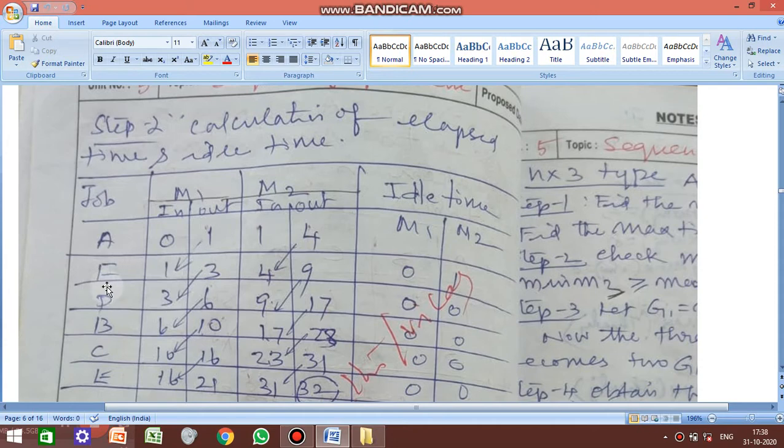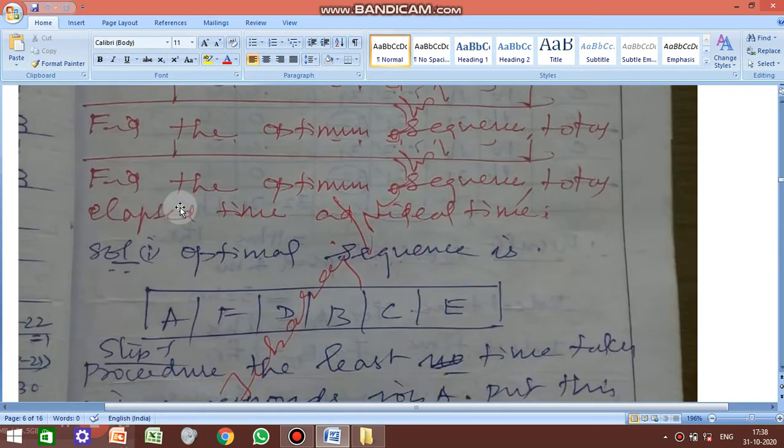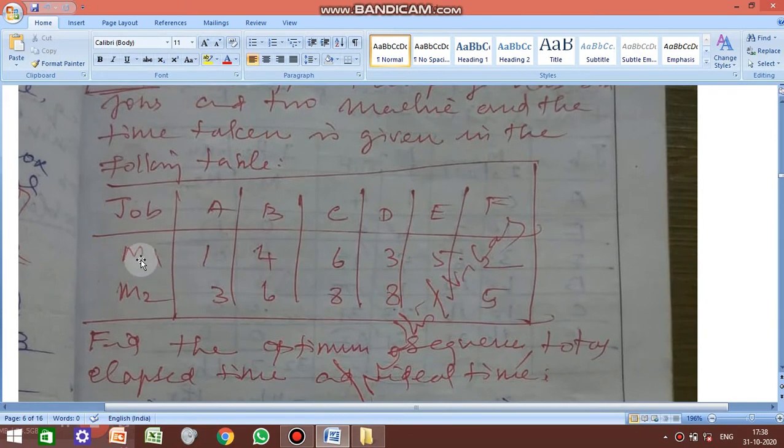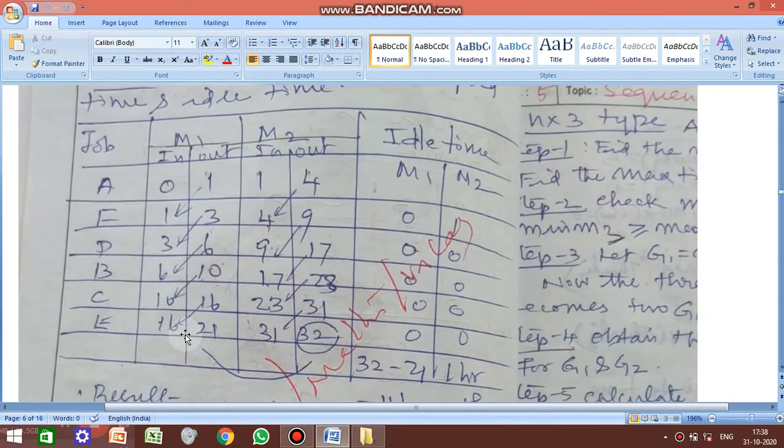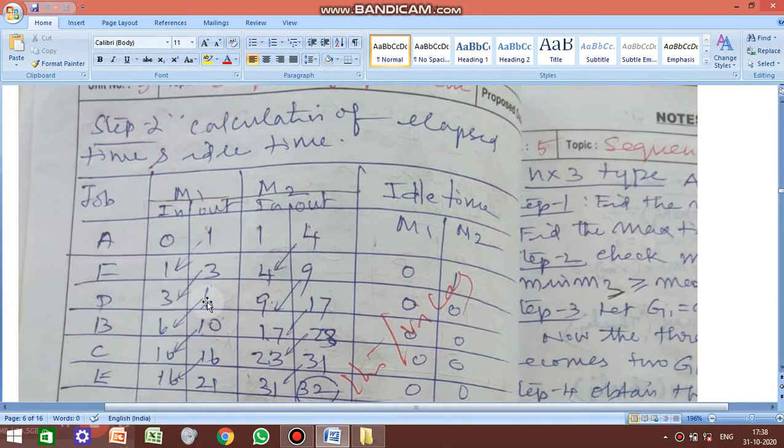Machine 1, D, 3 days it takes. So add 3 with the 3 that comes here, and you will get 6.